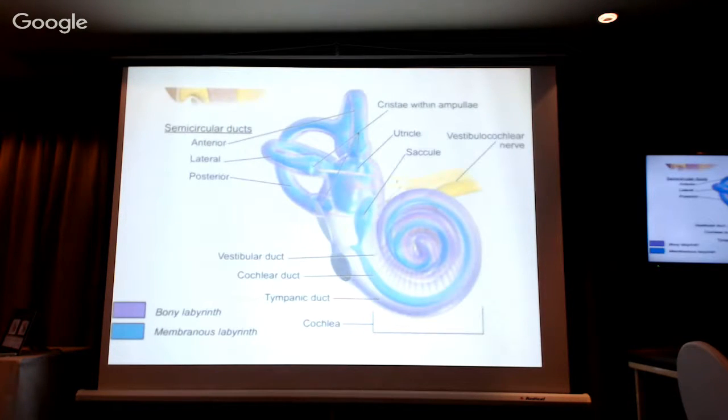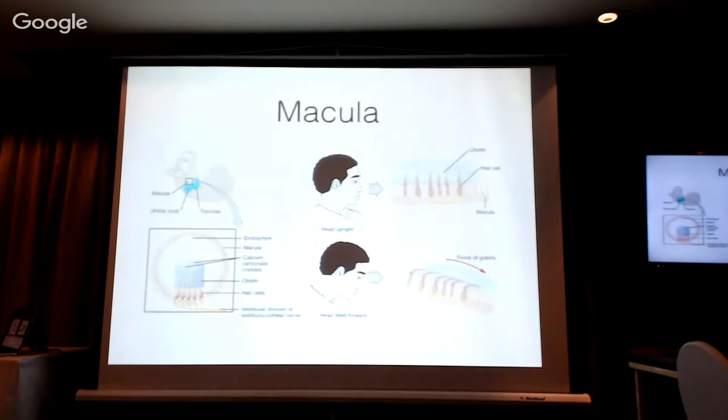What about the linear acceleration? Concentrate on this bit now. This is where the utricle and the saccule are located. The difference between the semicircular canals and this bit is that you have these calcium carbonate crystals. Because the calcium carbonate has mass and weight, it's gravity sensitive.